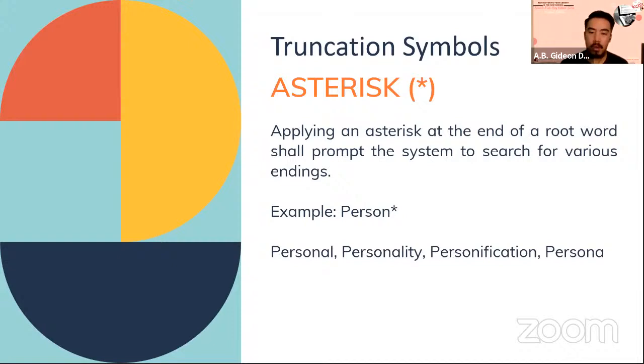So, for example, person asterisk: the search engine would provide resources that have the words personal, personality, personification, and persona in the title, in the abstract, or in the subject.